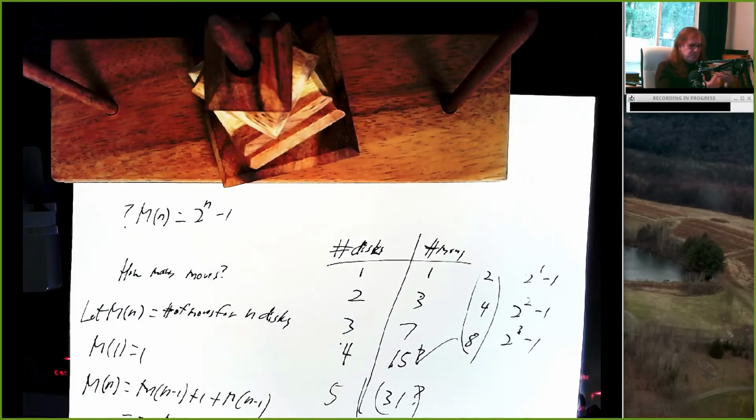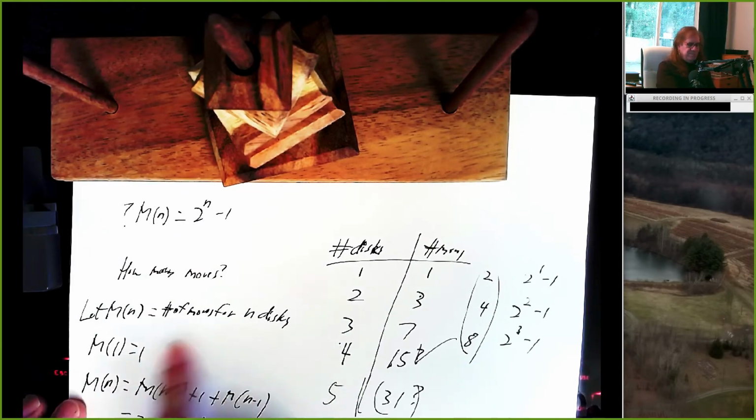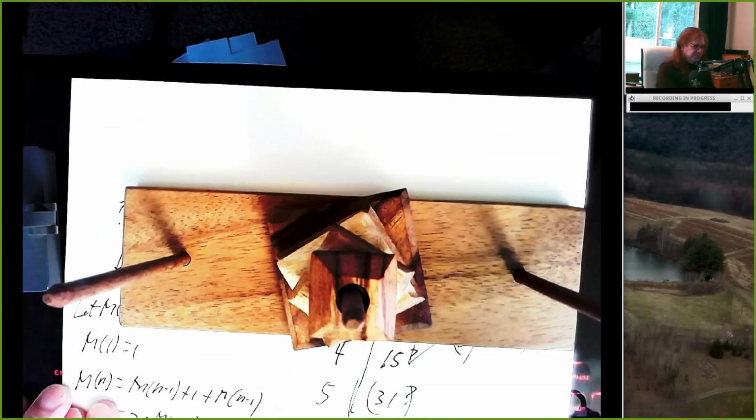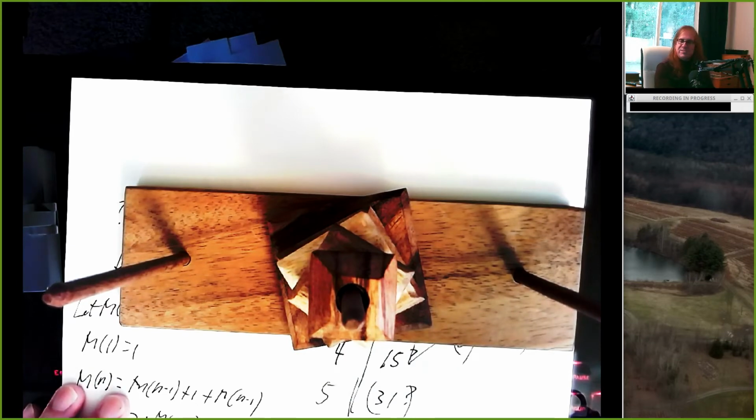So we can discover this recurrence relation, right? The number of moves for n disks is twice the number of moves for n minus 1 disks, plus 1 more.